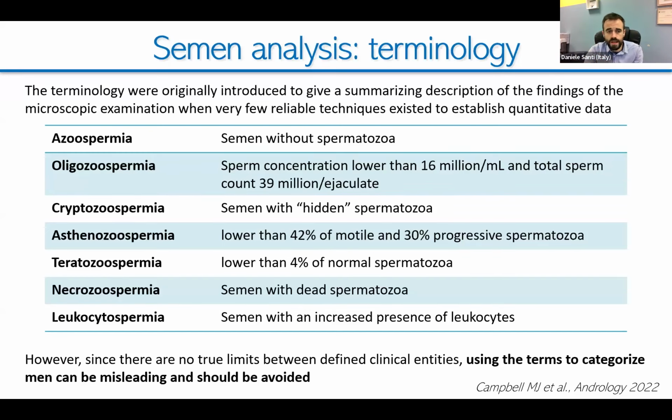These are categories that could be useful, but the manual suggests not to use these in clinical practice, since the semen analysis is not able to discriminate between infertile and fertile, we cannot use this range to create a fixed category of fertility or infertility. And so these are categories very useful, at least in research practice.